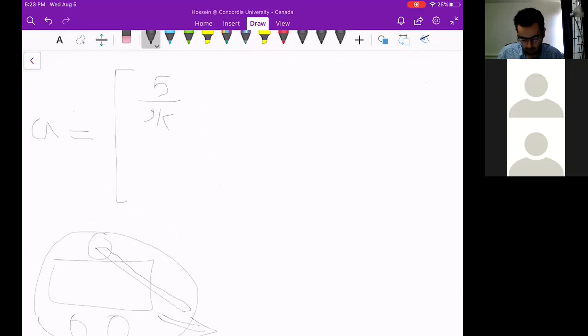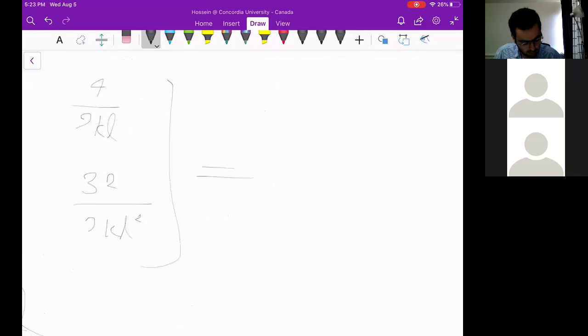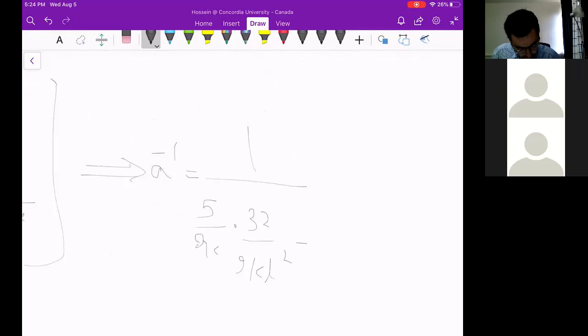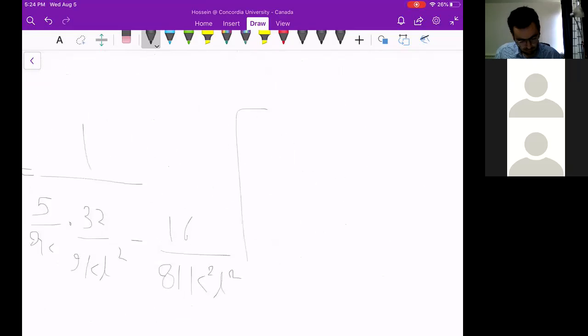Here I wanted to review just the influence matrix: 4 over 9KL, 32 over 9KL squared. So A inverse is 1 over determinant. 1 over determinant is 5 over 9K multiplied by 32 over 9K L squared minus 16 over 81 K squared L squared, times the adjoint.